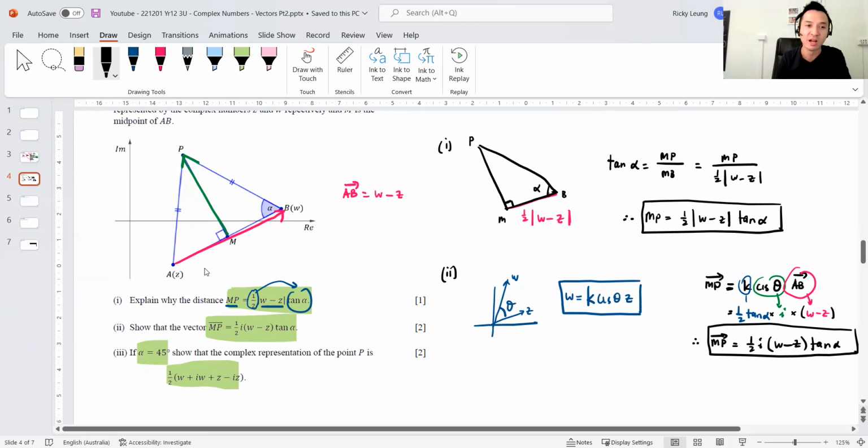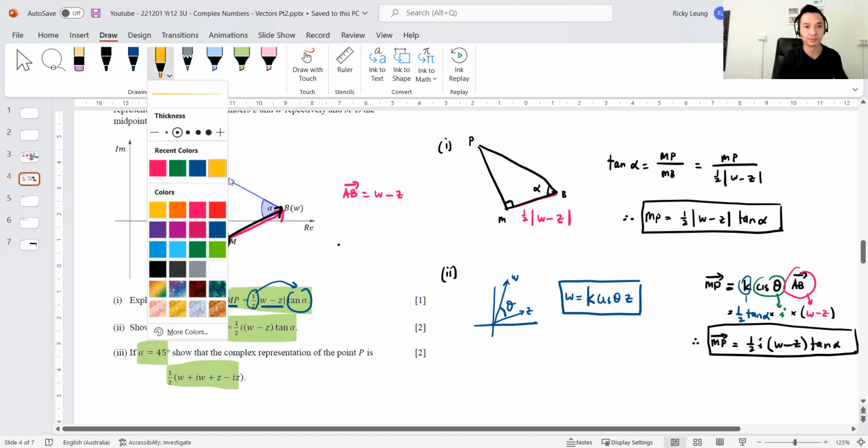Now, there's a few ways to do this. I always like to do, so pink, actually no, pink's fine. I found black in MP, so MP here is what I found in part 1. Can you see that that black vector is the same as this one? So this is what I'm going to do. I'm going to use some colors. I'll use yellow.